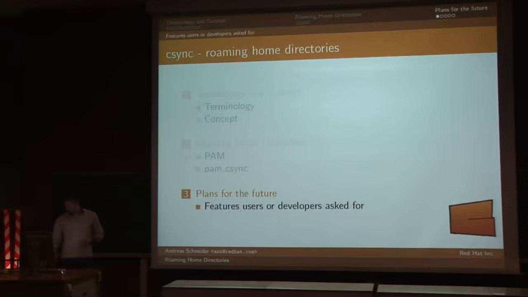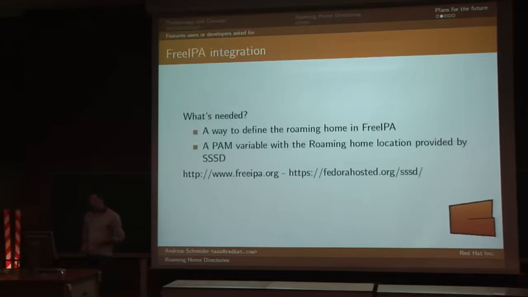So I have some plans for the future, but I don't know if I will find time in this year to implement everything. One thing which has been requested would be FreeIPA integration. FreeIPA is an identity management like Active Directory, but only for Linux.